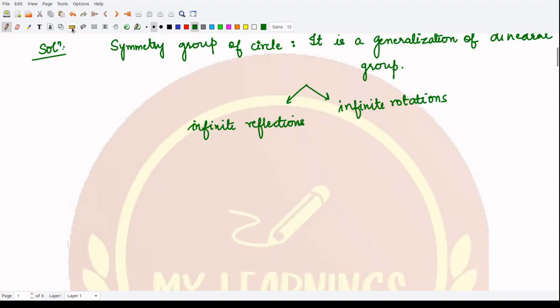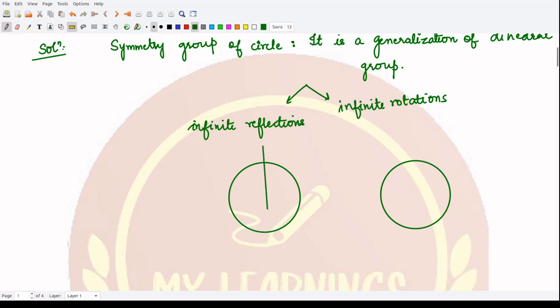If you look at a circle here, for this particular circle you can have reflection along many axes, because you can have the reflection along exactly all the diameters of this circle. There are infinite diameters for this circle, hence we may have reflections through these infinite diameters. So these are infinite in nature.